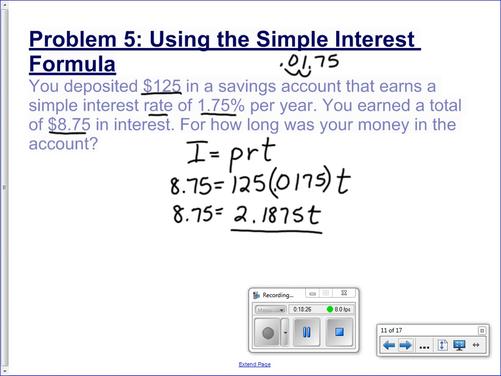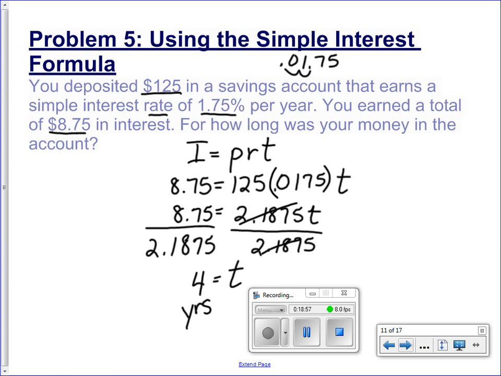And then we're going to divide by 2.1875 on both sides in order to determine the number of years that we had this on interest. So 8.75 divided by 2.1875 is 4. So our time is 4, and that will be in years.